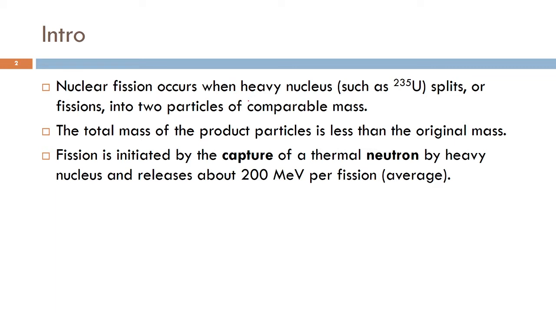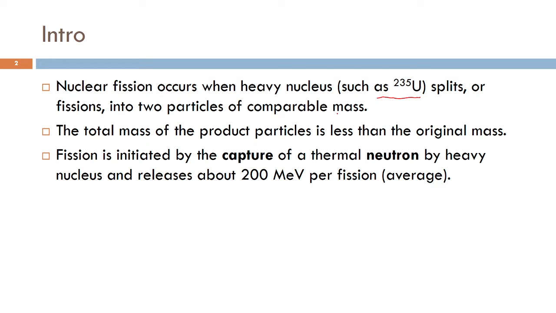As we all know, fission occurs with a heavy nucleus, such as uranium-235. So a heavy nucleus splits or breaks into two parts, producing two particles.